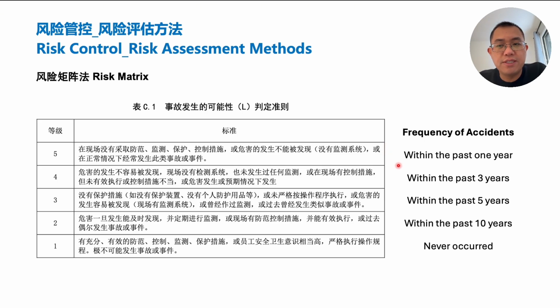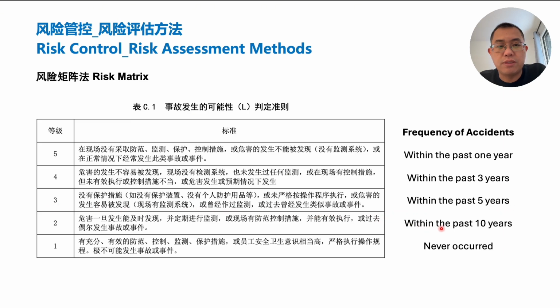If a similar incident occurred within the past 1 year, we classify it as level 5, frequent or very likely. If it occurred within the past 3 years, we classify it as level 4, likely. And if it occurred within the past 5 years, we define it as level 3.